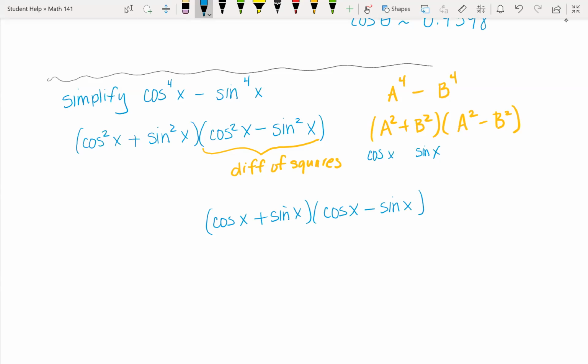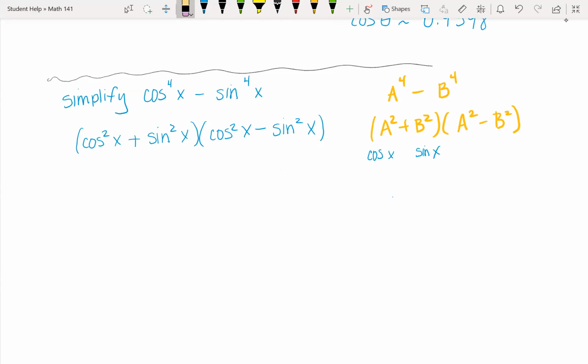Oh, wait a minute. Rather than doing that, pause. I'm looking at my notes, realizing that I did something different. First of all, this is a Pythagorean identity.